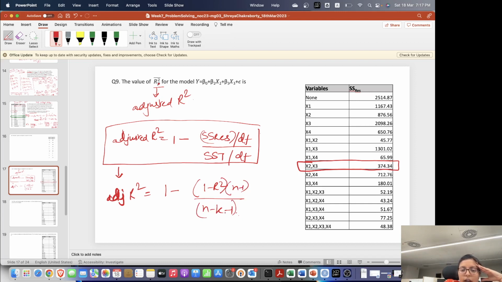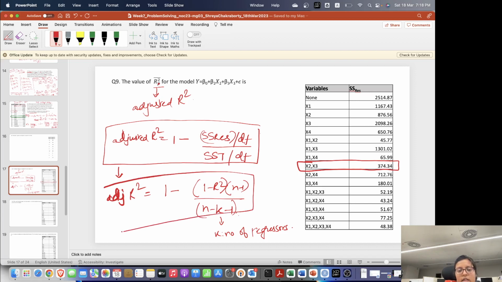Where this k is the number of predictors, or rather the number of regressors. So we can use either of the two formulas.